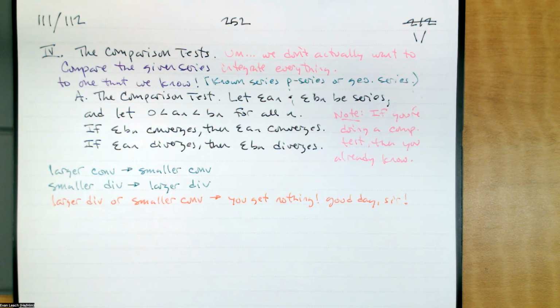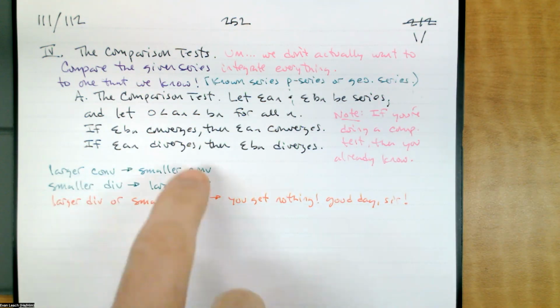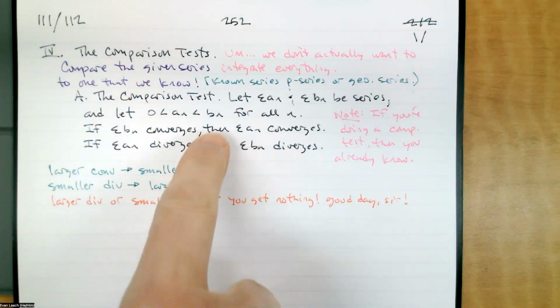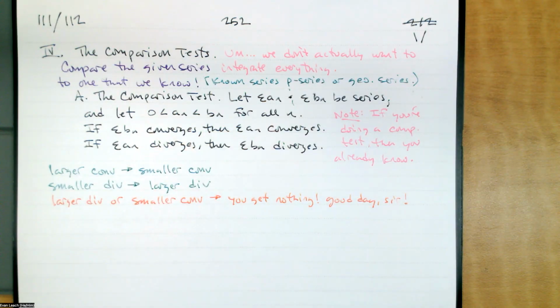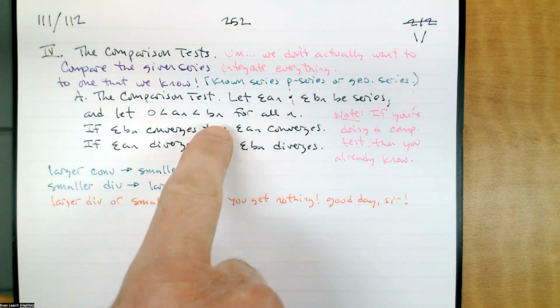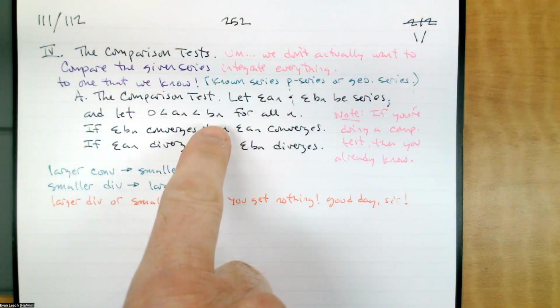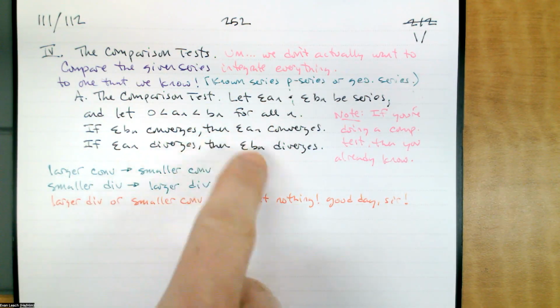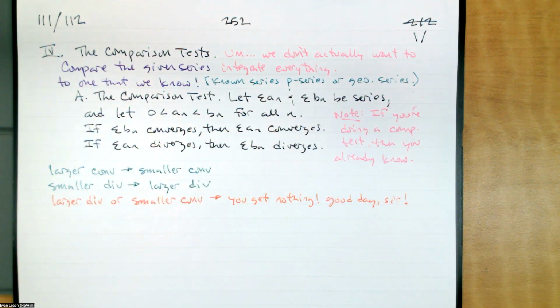One of the series, AN or BN, is given to us, and if we're given AN, we pick a BN that we know is larger, that we know converges. So we look at AN and we say, I think that converges, so I'm going to pick another convergent series. It's always bigger. State that that one converges, and then conclude that the smaller one converges.